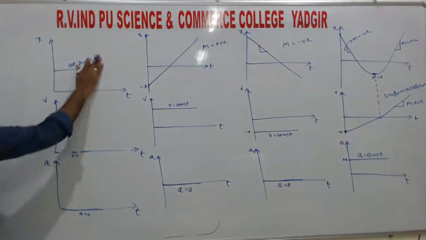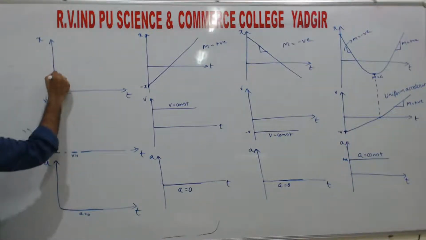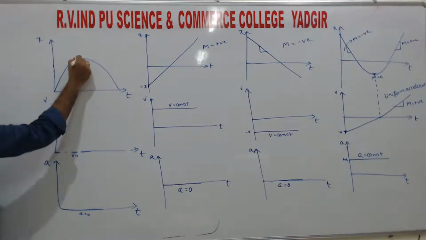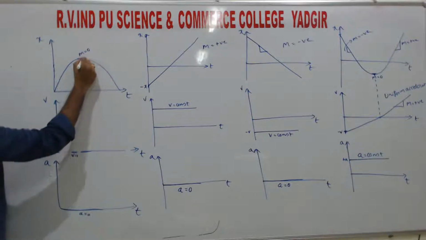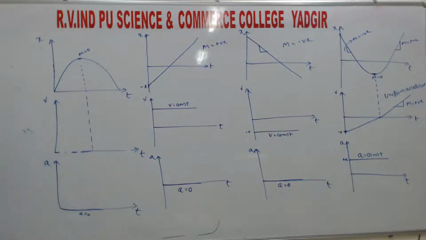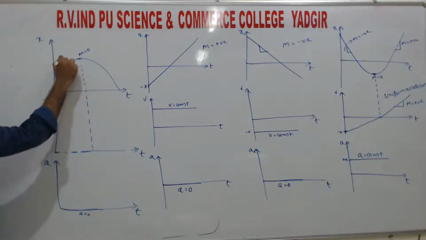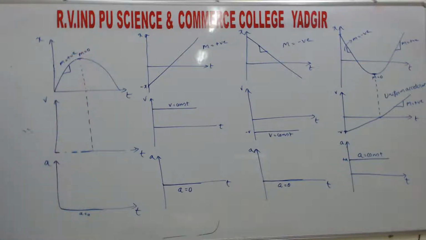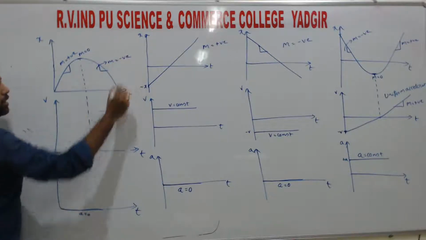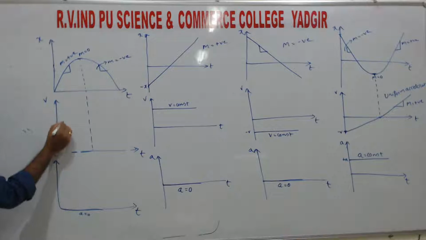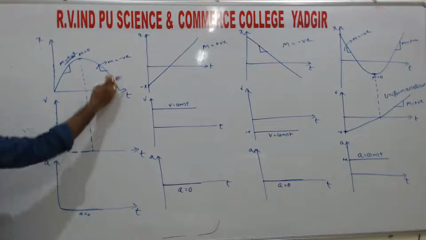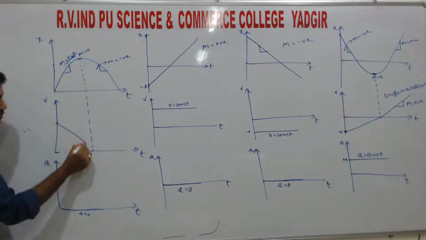So one more conversion, like this, right? So at this point, for displacement, slope m is equal to 0, right? So if you plot for the VT graph, if you observe here, slope m is positive, right? Next, here slope m is negative. That means it starts from a higher value, passes through the zero value and goes to the negative, right?